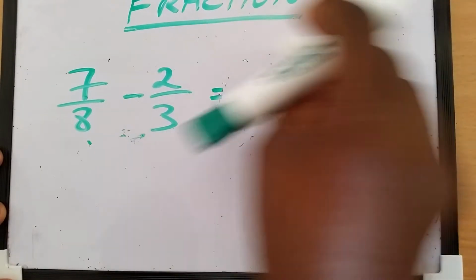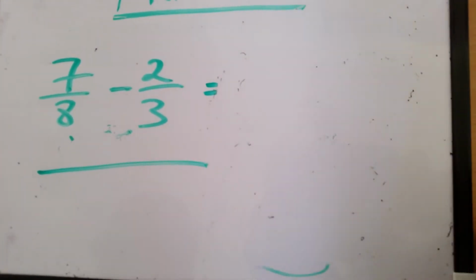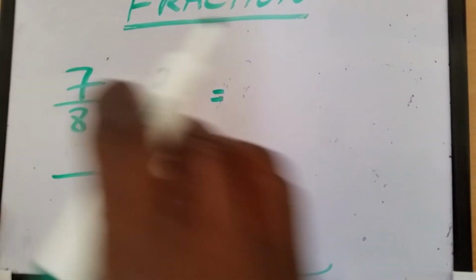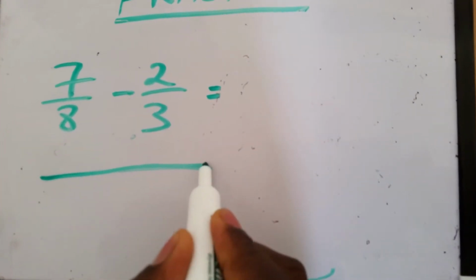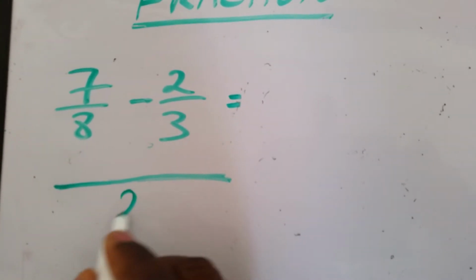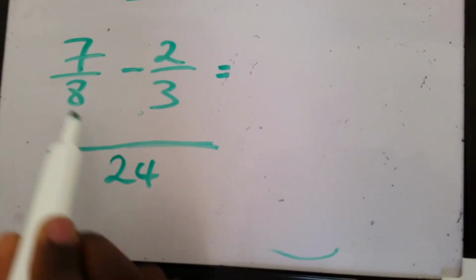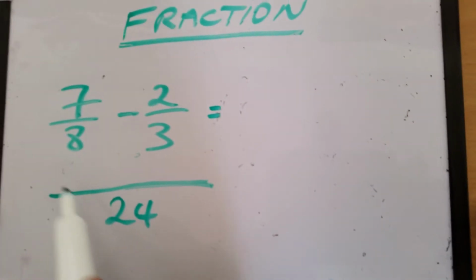Again, that is a bit more standard and traditional, where we draw the line underneath the fractions and find the lowest common denominator or the lowest common multiple, which is 24 in this case. So that's the number that both these numbers can go into or be divided by.